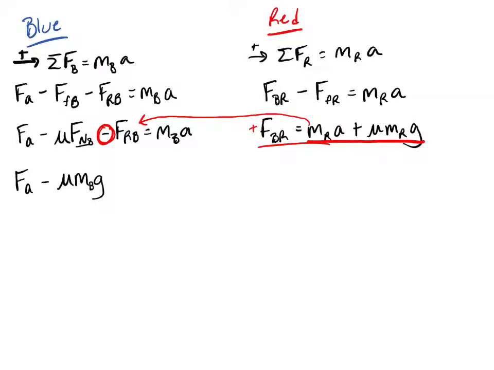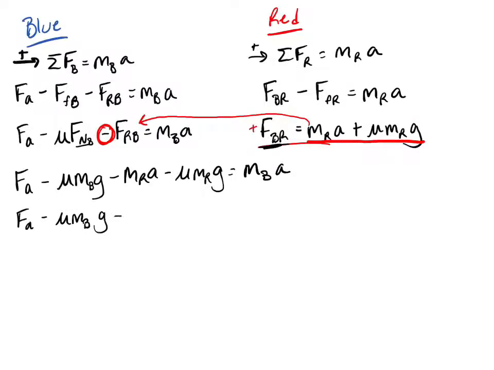I'm, of course, going to replace normal force with mass times gravitational acceleration, with mass of the blue box here. And then I'm going to subtract this guy. Make sure you subtract every term. So that's minus MRA minus mu MRG equal to mass of the blue box times A. Now I need to solve for acceleration, so we get everything with acceleration on one side of the equal sign and everything else on the other side.